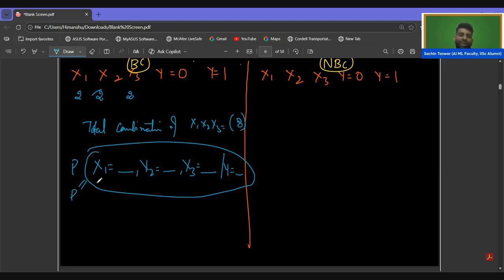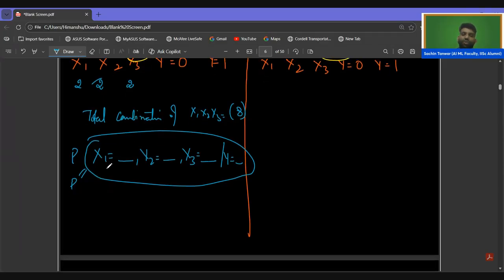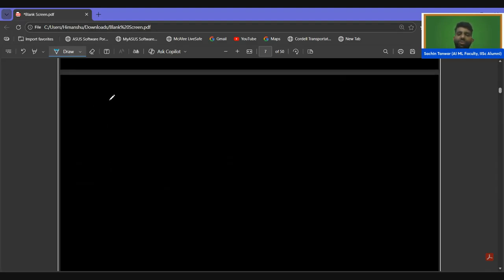What is this p value? For each of those different combinations, I should have the values. Let's suppose all were 0s and 1s.